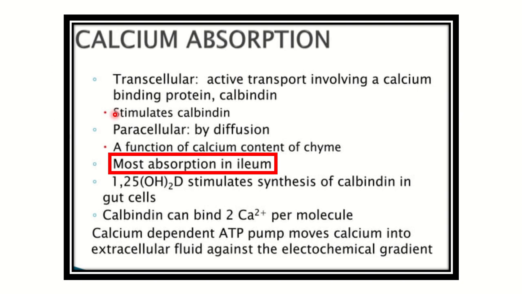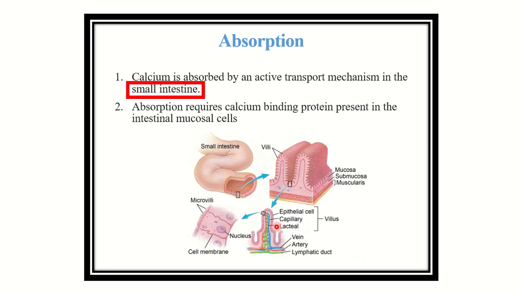So here we can see a slide on calcium absorption. It occurs mainly by the transcellular and also the paracellular route. Function of calcium content of chyme, most absorption occurs in the ileum, which is part of the small intestine. 1,25-dihydroxycholecalciferol stimulates synthesis of calbindin in the gut cell, which increases calcium absorption.